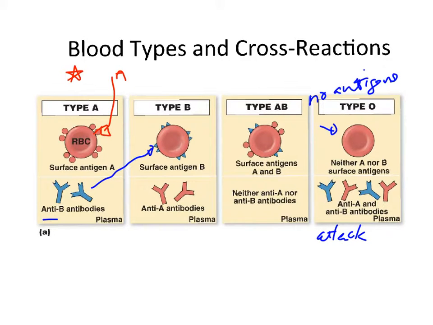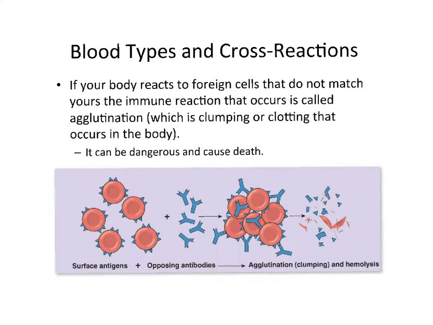Okay, so you couldn't receive a transfusion from anybody who's not type O blood. And so what happens is your body reacts to the cells by clumping them together and forming a giant clot, and then it will break them down into their cellular subcomponents, break them up into little protein fragments, and filter them out with the kidneys.